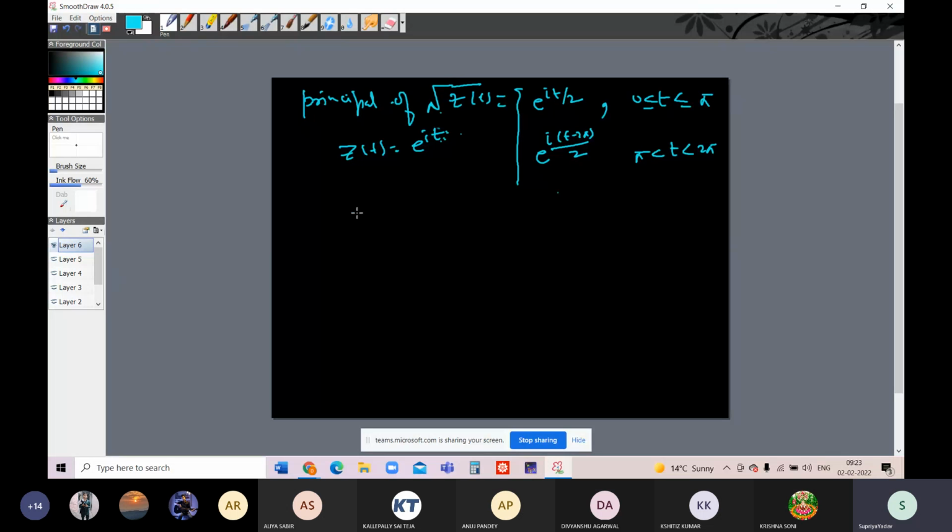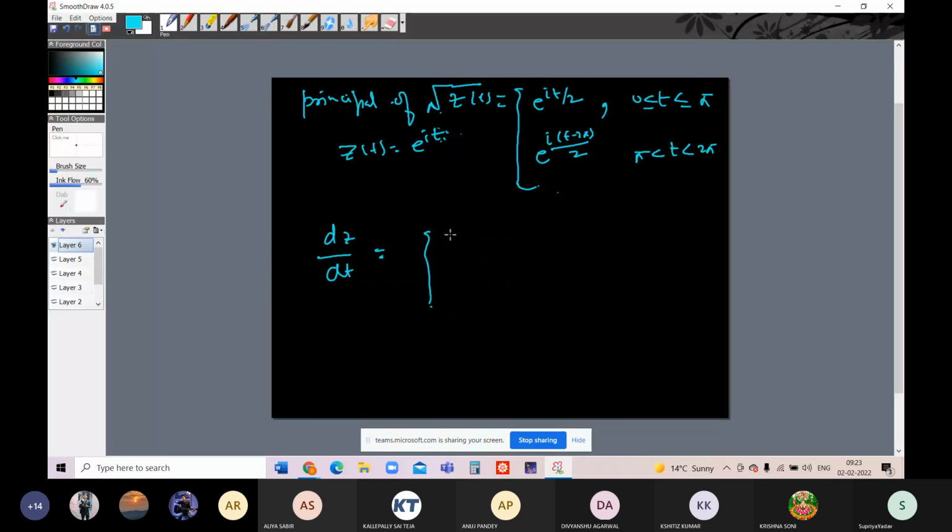So this will be the value of the function, the whole defined principal value of this function for t lies from 0 to 2 pi. Okay, now we can simply integrate this function. First of all, we have to find dz by dt.